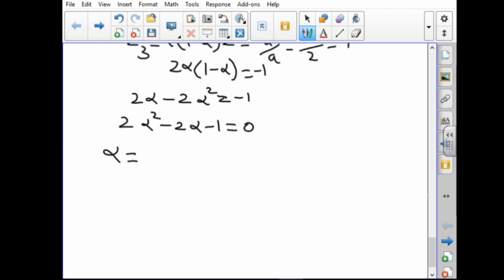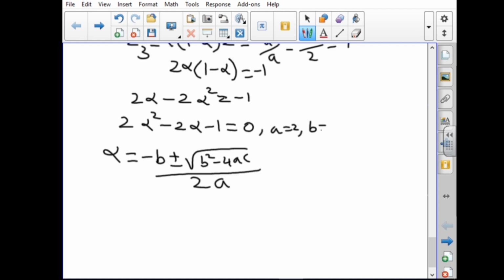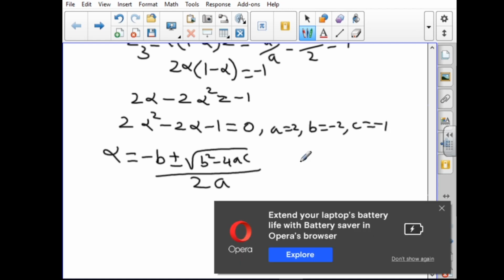So what is the formula? Alpha is equal to minus b plus or minus root of b square minus 4ac by 2a. So we will use it here. So here what is a? a is equal to 2, b equal to minus 2 and c is equal to minus 1. So substitute here.